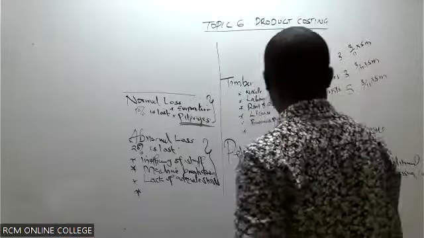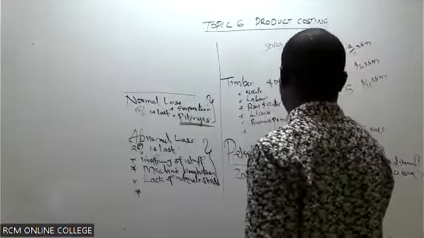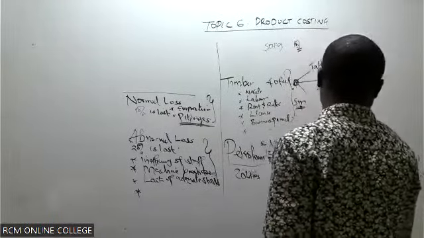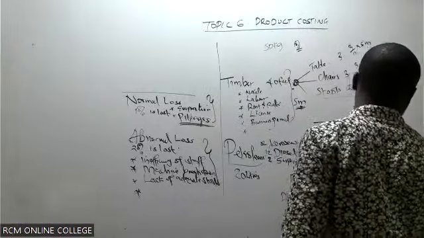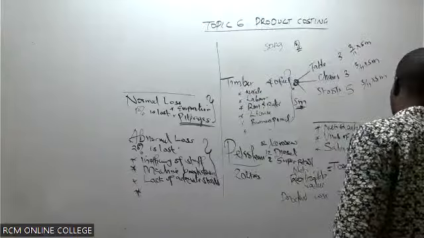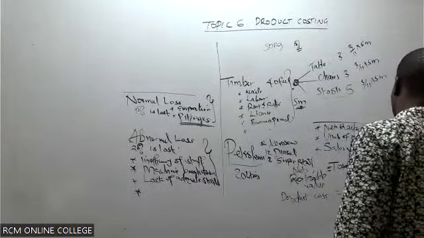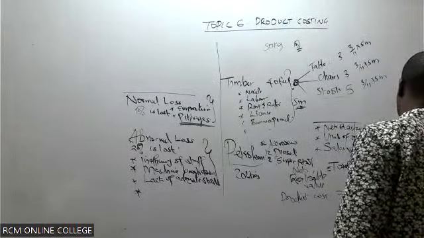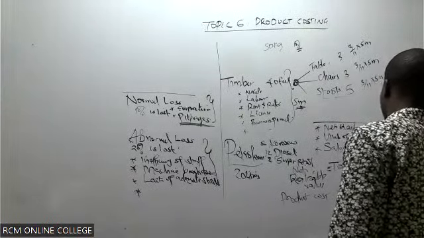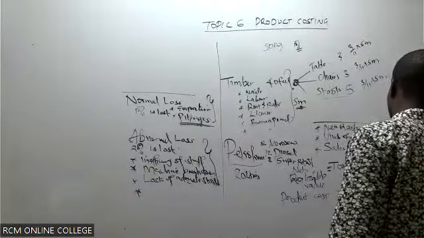So how do we get the product cost? Product cost is equal to total cost of inputs divided by expected output.